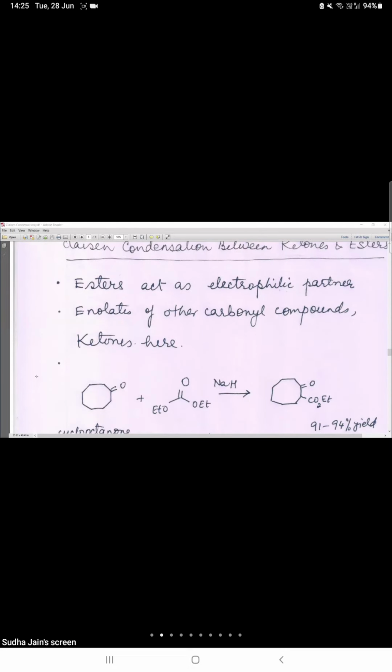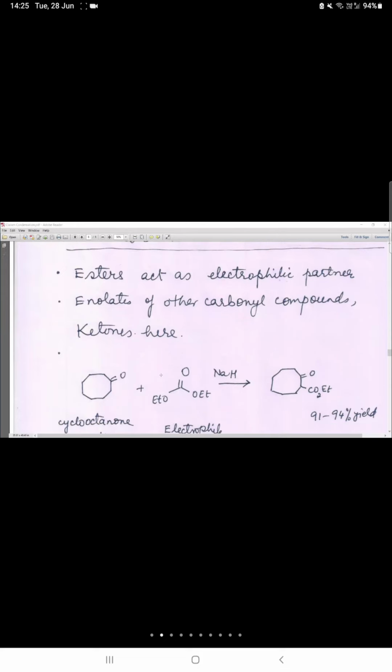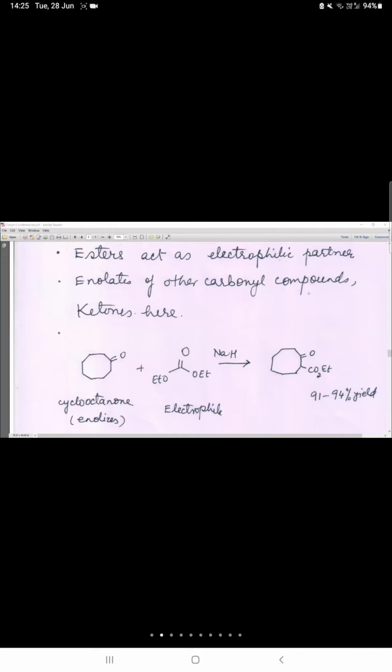Now, another was the Claisen condensation between ketone and esters. So here, मैंने बोला था ना कि कुछ कीटोन न्यूक्लियोफाइल का काम करते हैं, इनोलेट बनाते हैं, और एस्टर जो होता है, they act as an electrophile.